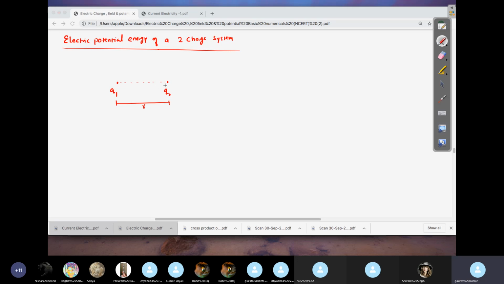And if you bring them closer and then you leave, you'll see more energy in the system the moment you leave them. Meaning there is some energy which changes when you change the configuration of this two charge system, that is R. The energy that depends upon the configuration of any system of particles is called the potential energy. Since here the system of particles is a charged particle system, you call this energy electric potential energy.